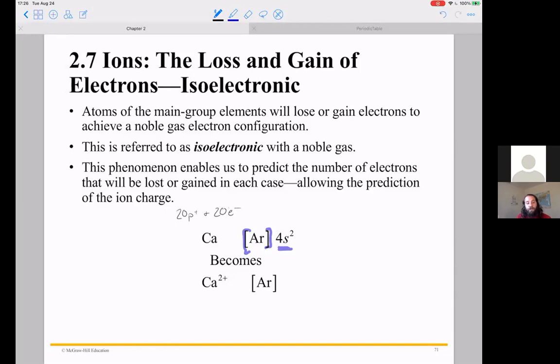If it lost 2 valence electrons, it would have 20 protons, but now only 18 electrons, giving it a charge of +2. So calcium likes to form +2 charged ions. It doesn't form +1, it doesn't form +3. If you have a calcium ion, it's always got a +2 charge.